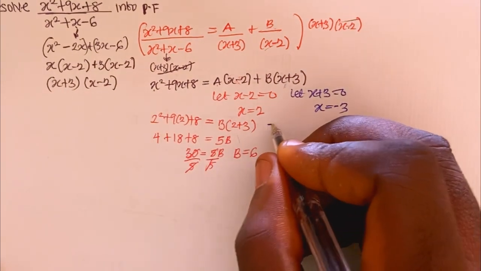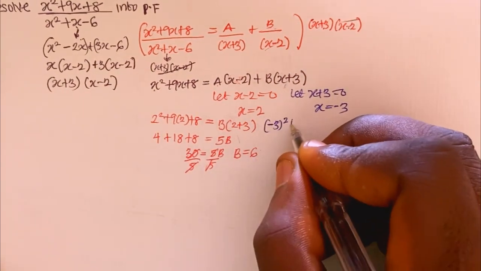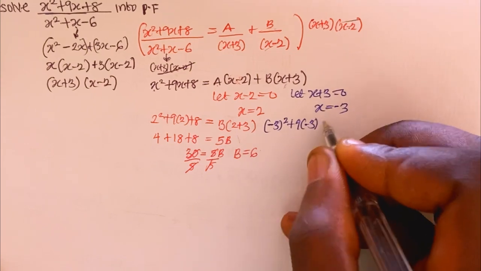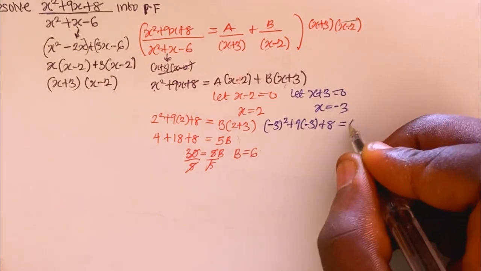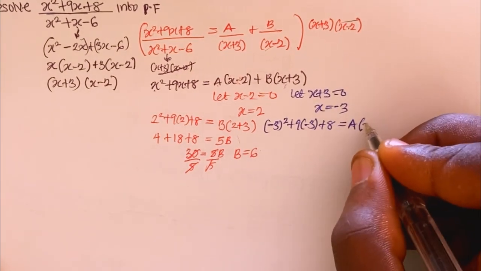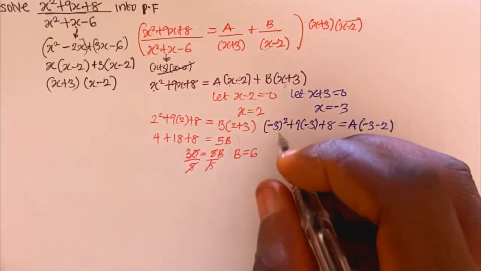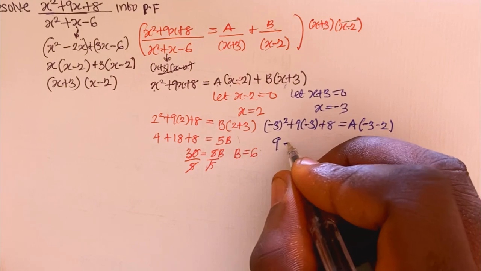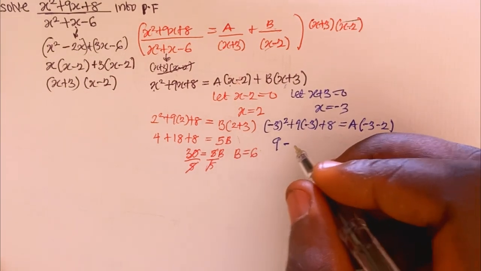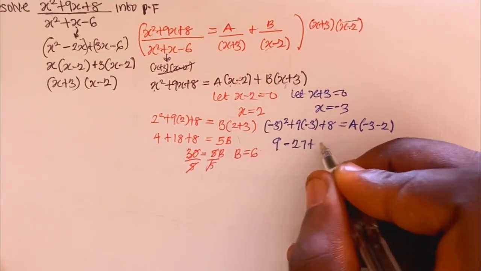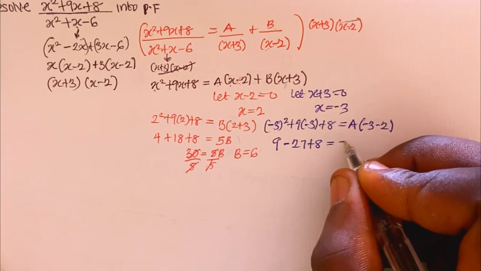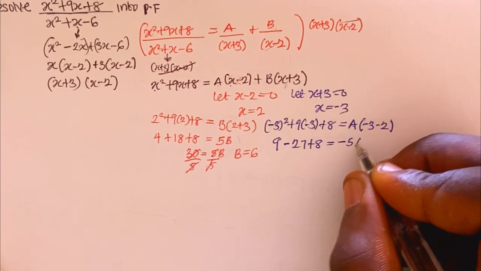So here I'm going to have minus 3 squared, then plus 9 into bracket minus 3, then plus 8, which is equal to a into brackets minus 3 minus 2. Since my x is minus 3, then plug in here, I'm going to have 9 minus 9 multiplied by 3, that's 27, plus 8, which is equivalent to minus 5a.